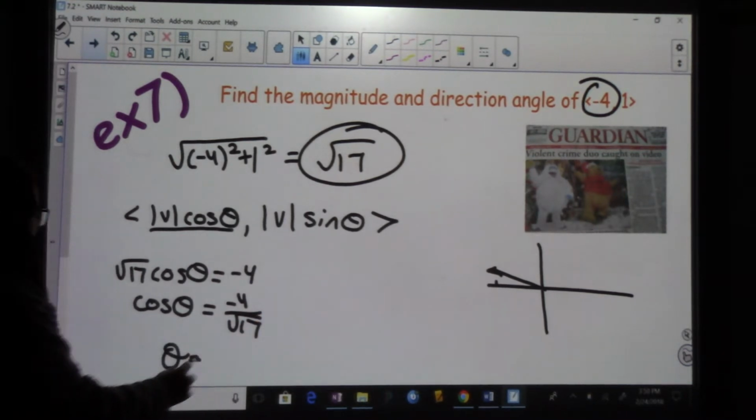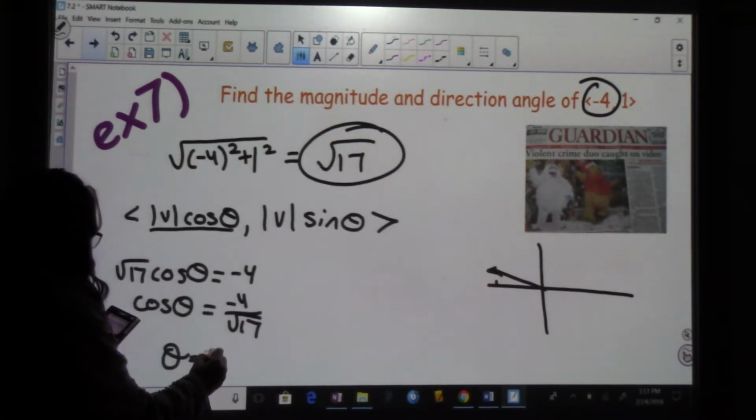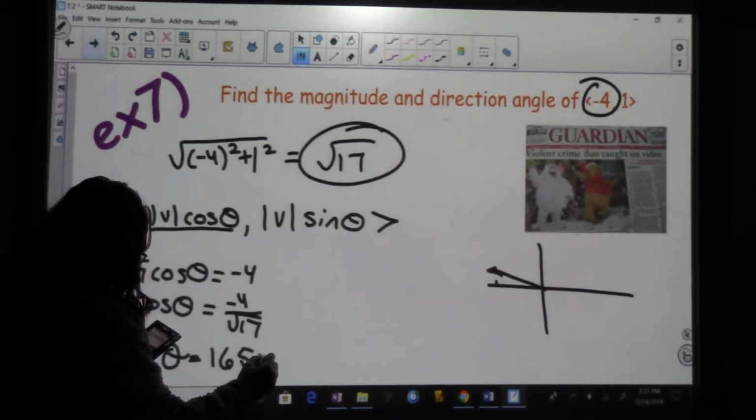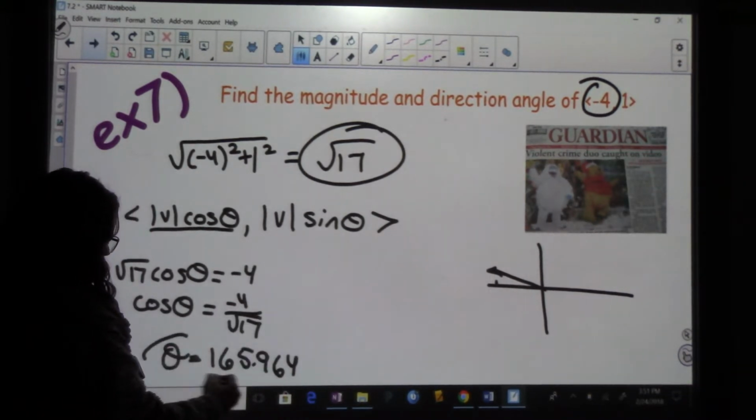So use your inverse trig. And I got 165.964. That's in the correct quadrant, so there's my answer.